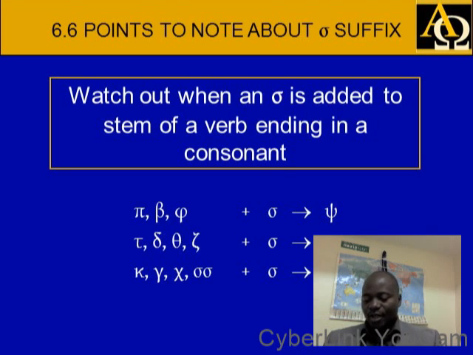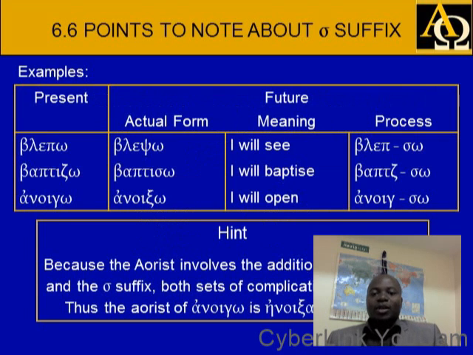Sigma doesn't change, and kappa, gamma, chi, and double sigma plus sigma becomes xi. So blepo becomes blepso, and anoigo becomes anoixo. What you see there is that pi plus sigma becomes ps, and that sound is captured by psi.